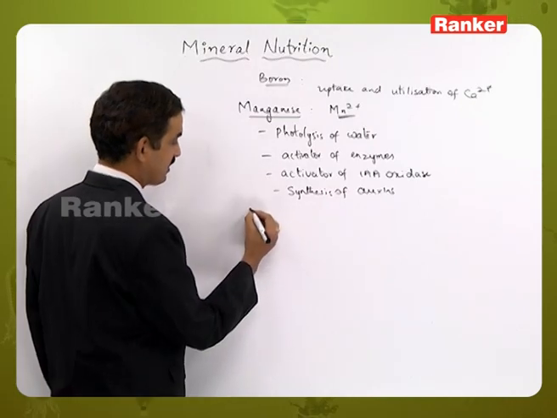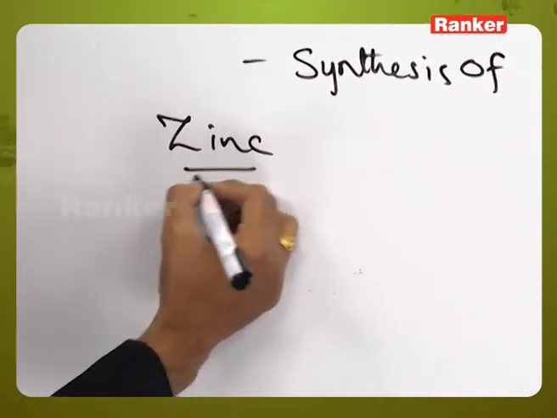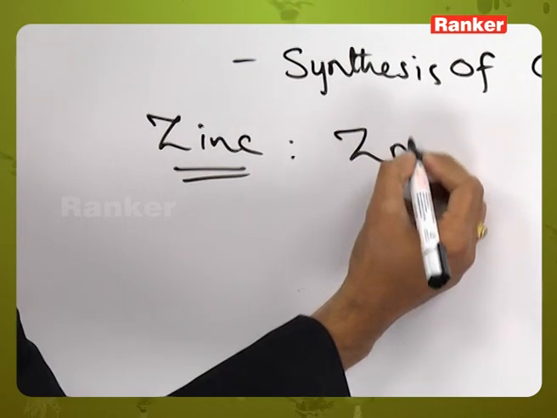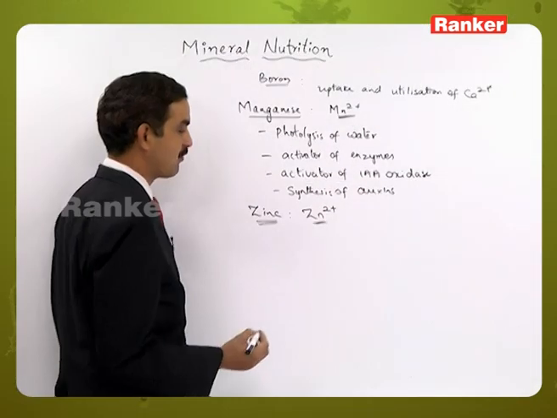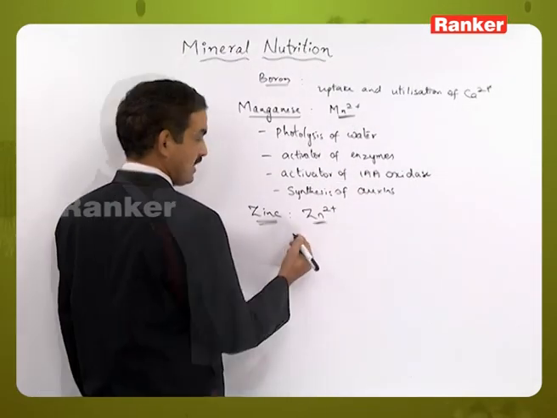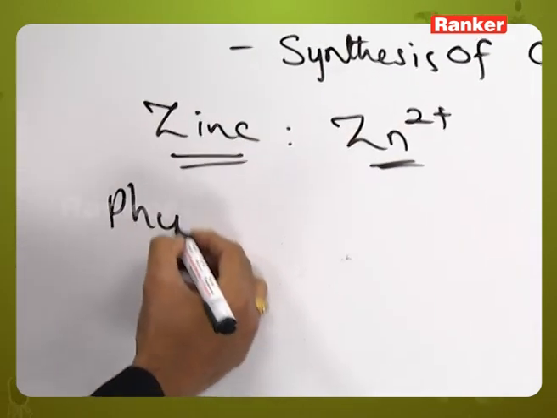Next one is zinc. Zinc is absorbed by the plants in the form of zinc ion, Zn+2. Zinc has many physiological roles.